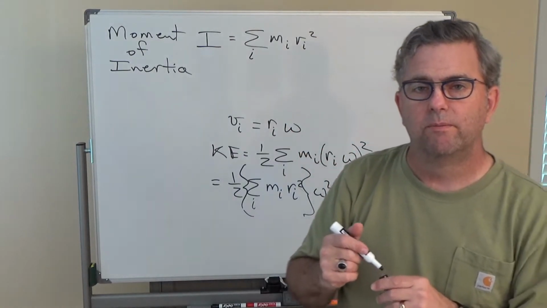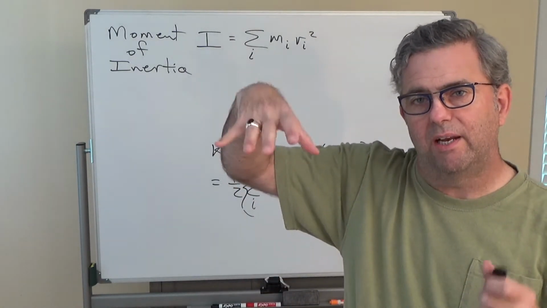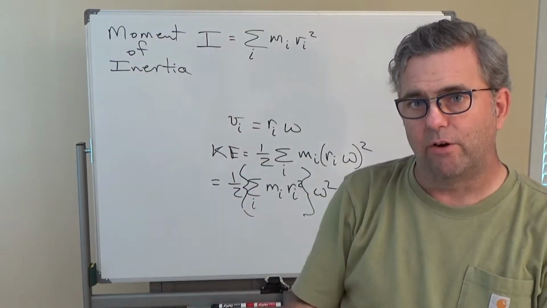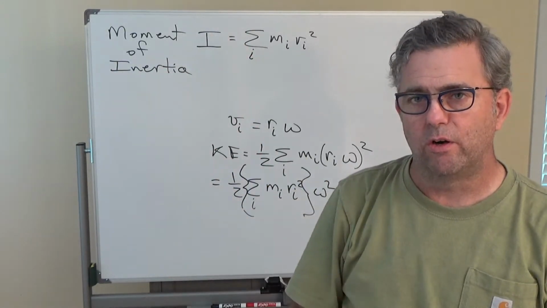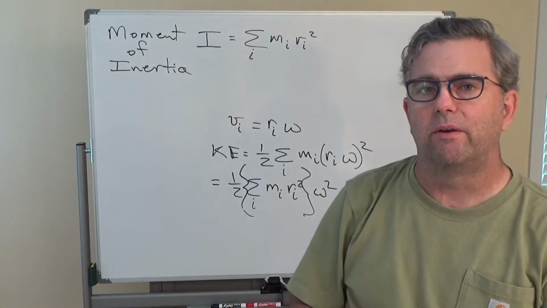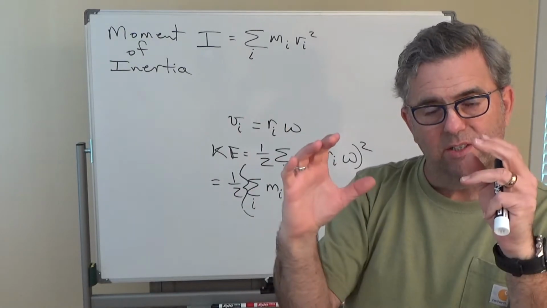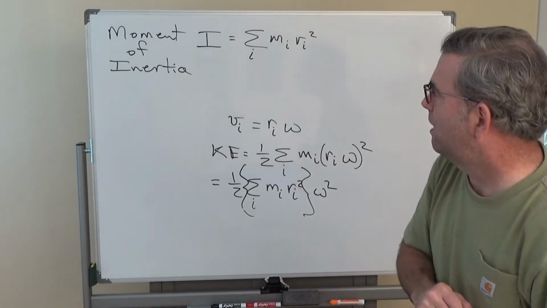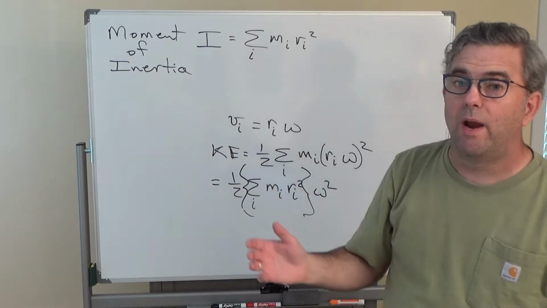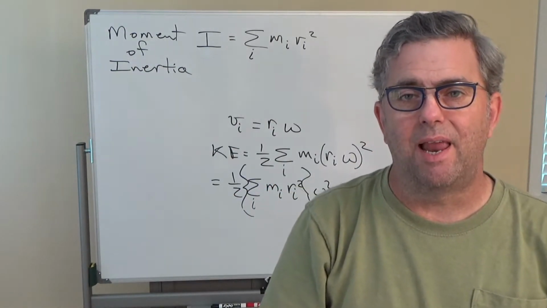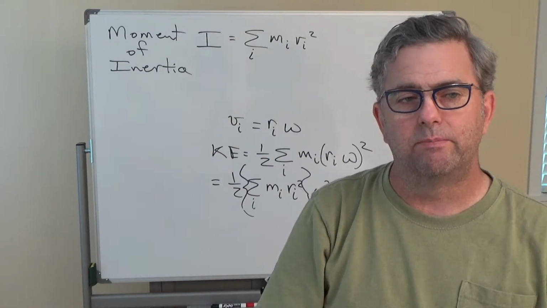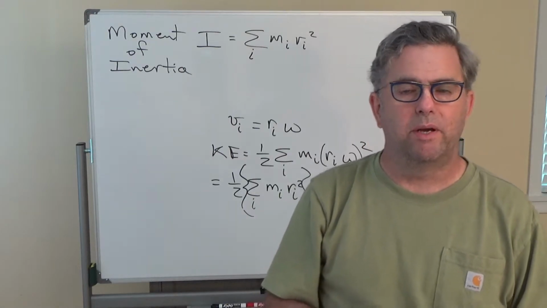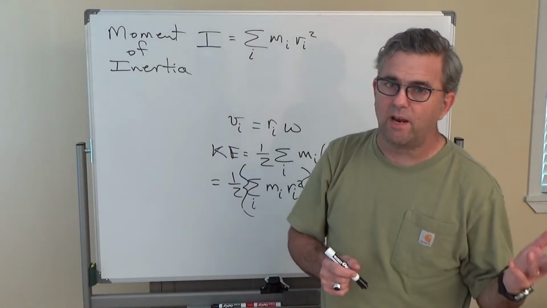If you've ever tried to rotate a big heavy wheel that has mass on the outer rim, it's very hard to get it started. If the mass is concentrated more at the center, it's easier to get it started. I wish we were able to do the labs, because in lab we do this moment of inertia procedure and you see all this stuff in action, but unfortunately we're not able to do that.